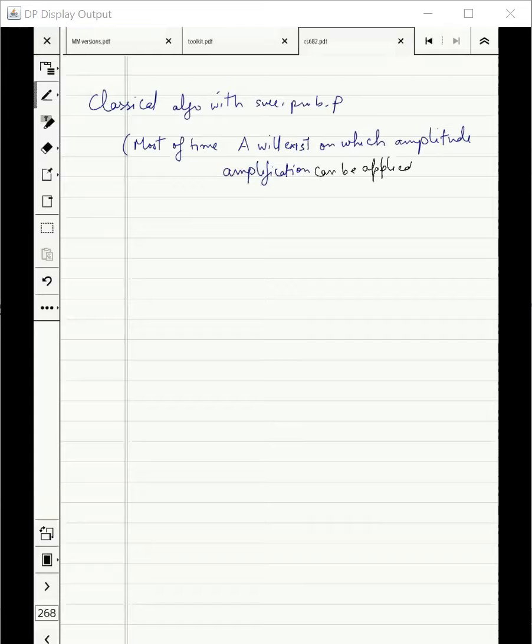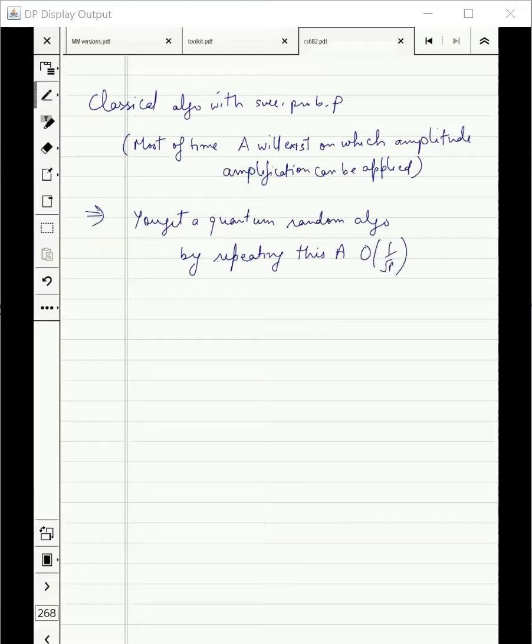And this will imply that you get a quantum randomized algorithm by repeating this A 1 by root P times. Classically, it would have taken order of 1 by P repetitions.